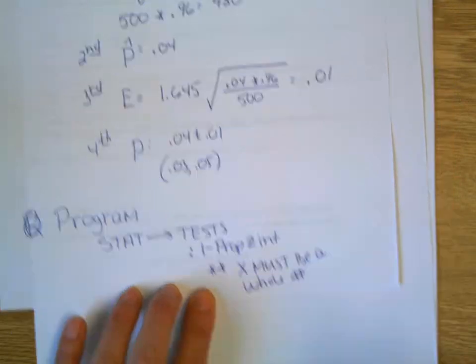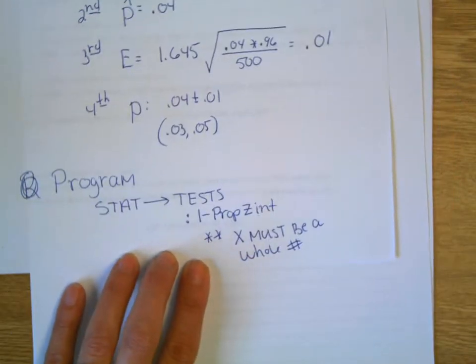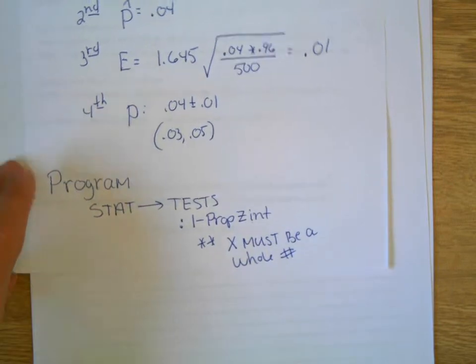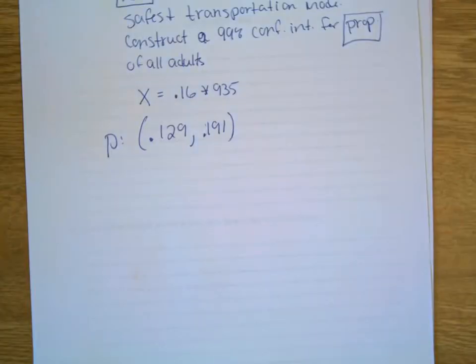That's all you've got to remember on your program. And then it's pretty straightforward. Draw top hats instead of regular hats. You can draw anything you want, because I will know what you mean.